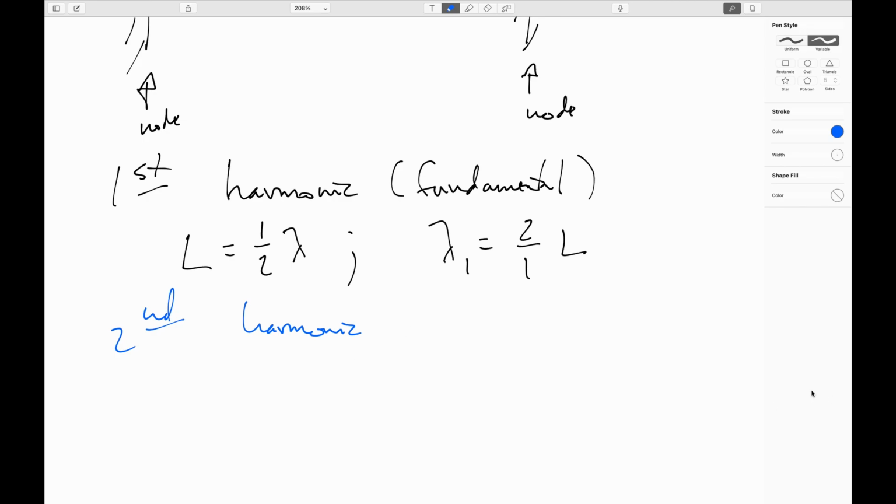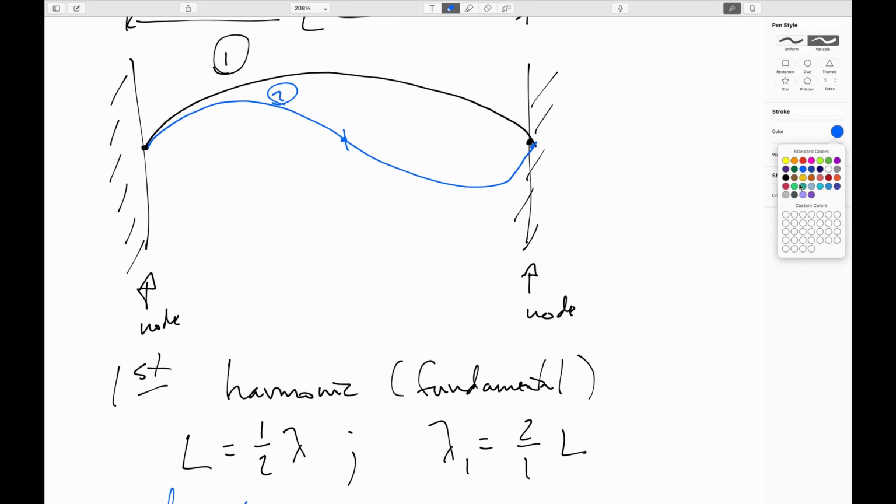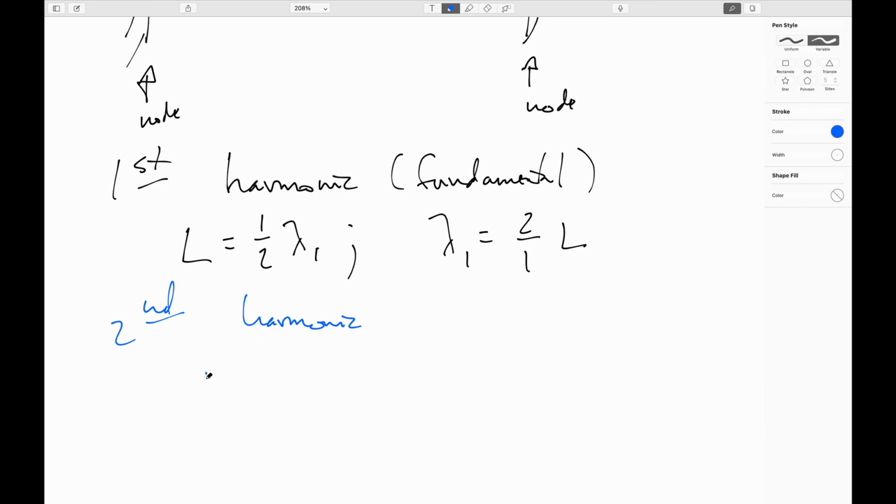And again, if we look here, we can see that I can fit an entire wave in if it's the second harmonic, right? Because there's two loops there. So we can say I fit two loops in, a loop is half a wavelength, so this is 2/2 of this new shorter wavelength, lambda 2, or we can say that the wavelength is 2/2 times the length. Yeah, I know, it's just the length, but bear with me.